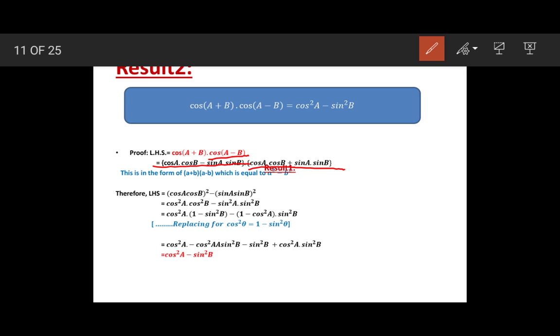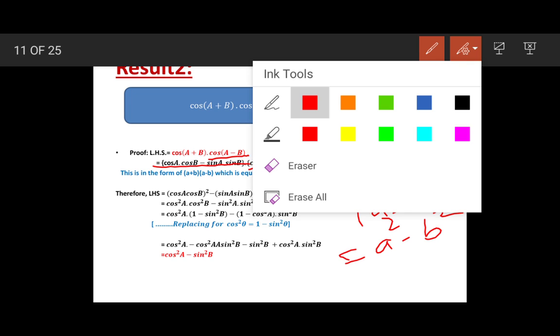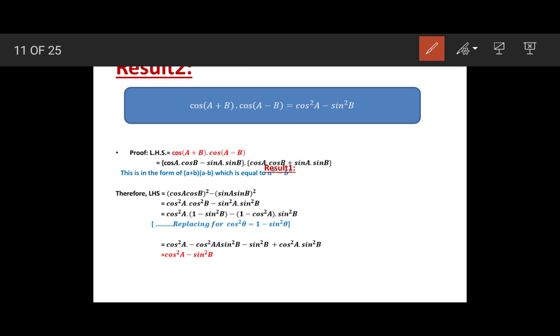Okay, now again this is in the form of (a+b) into (a−b), right? And that will be a² minus b² form, right? So after using this formula, we get this as (cos A cos B)² minus (sin A sin B)², right?